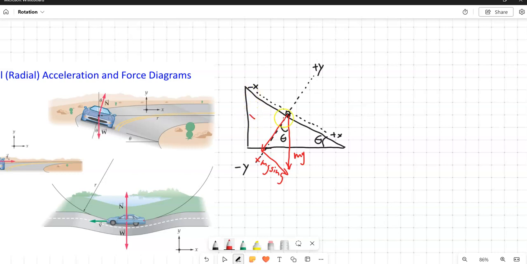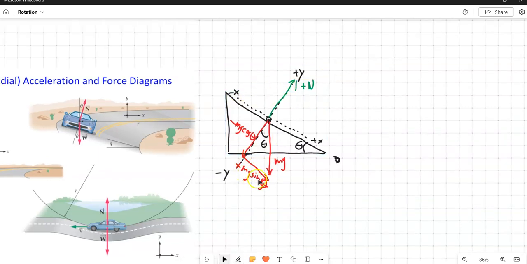This will be negative since it's pointing in the negative y direction, mg cosine of theta, and that will be pointing in the negative y direction. The normal force will be pointing up the track, and just like the last problem, okay, it's kind of sliding down the ramp there, normal force up.